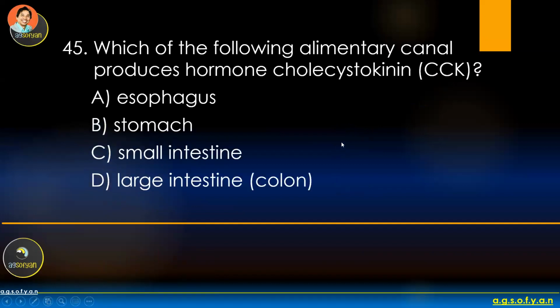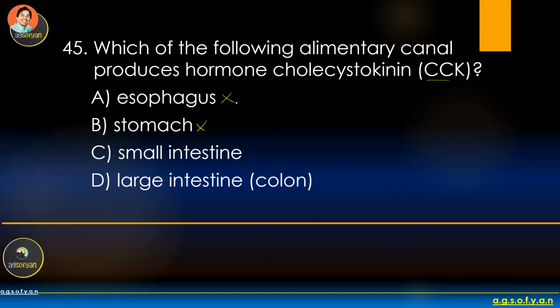Which of the following parts of the alimentary canal produces the hormone called cholecystokinin, or CCK? Esophagus, stomach, small intestine, or large intestine? So stomach is not. We already mentioned hormones produced by the stomach, like gastrin and ghrelin. It is not CCK.